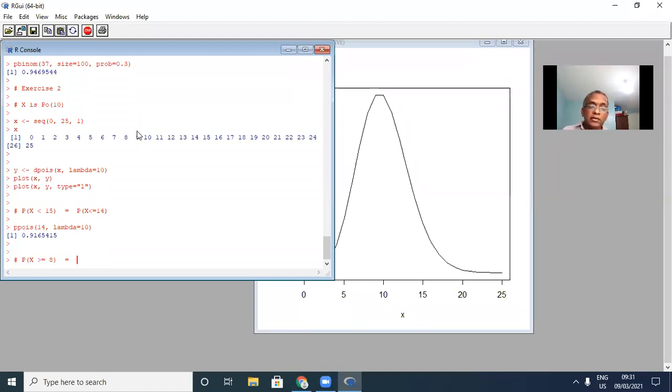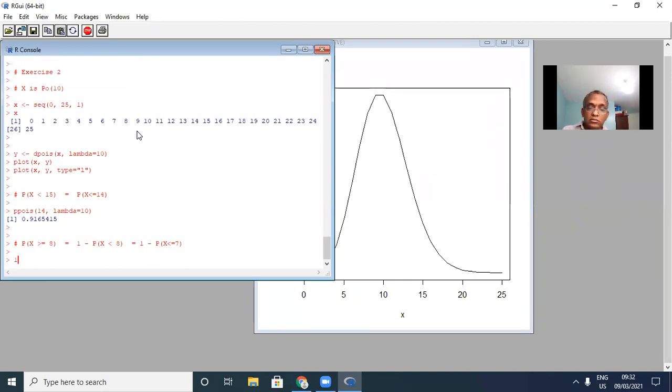And this you can write as 1 minus the probability that x is less than 8, and this you can write as 1 minus the probability that x is less than or equal to 7, right? So this is 1 minus ppois at 7, lambda equal to 10.